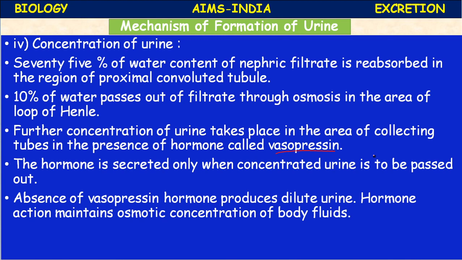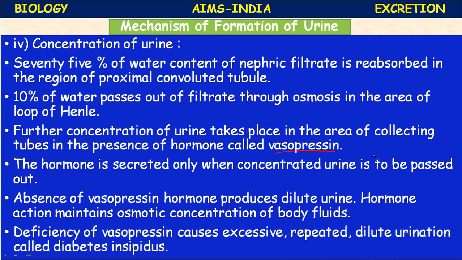Okay, there is one disease called diabetes insipidus, which has the symptom of excretion of excess urine. The deficiency of vasopressin causes excessive, repeated dilute urination called diabetes insipidus.